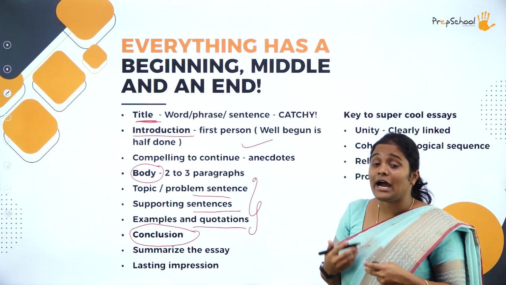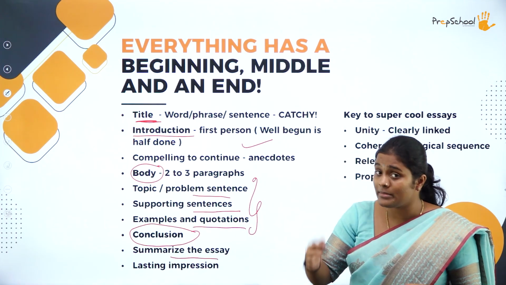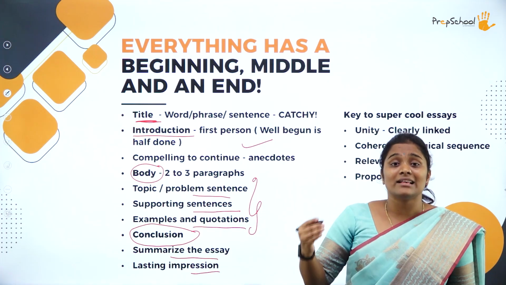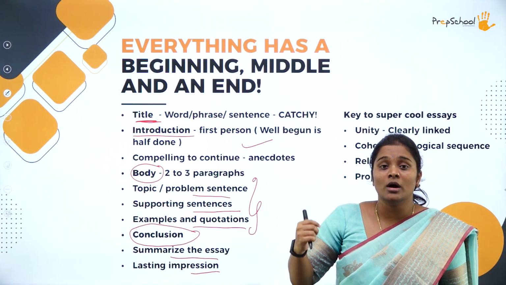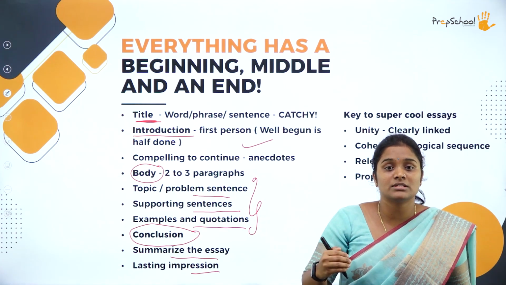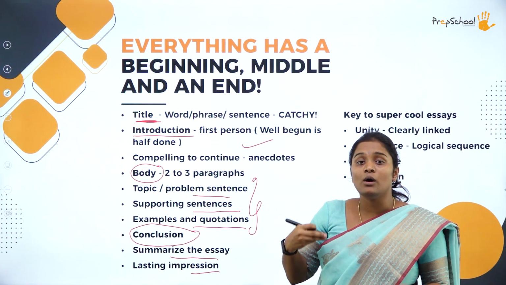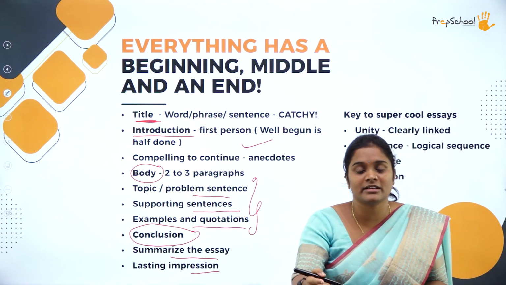Then in the conclusion, I first have to summarize the whole essay, what the point of the whole essay was. And when I say a lasting impression, I have to imprint what I was intending to talk about, the whole idea of the essay, and the change of perspective I need to present.